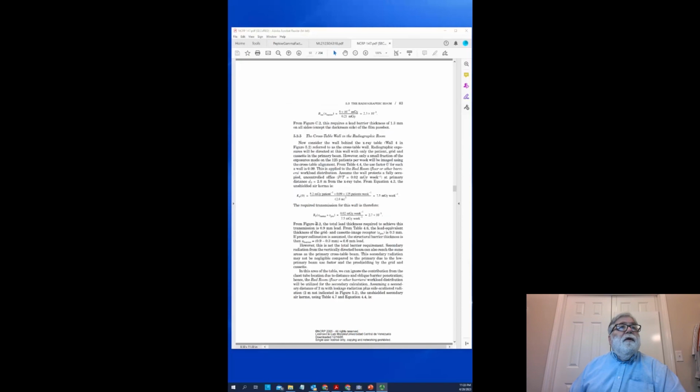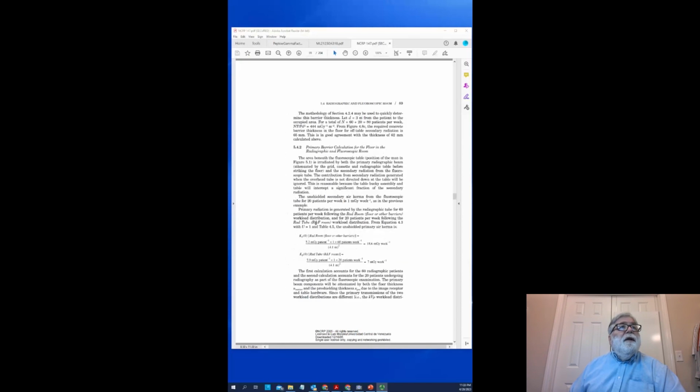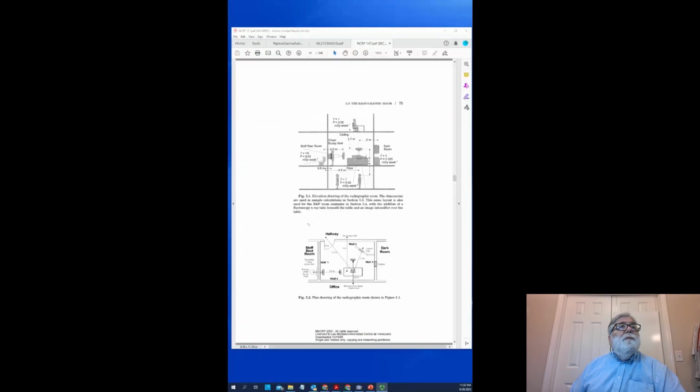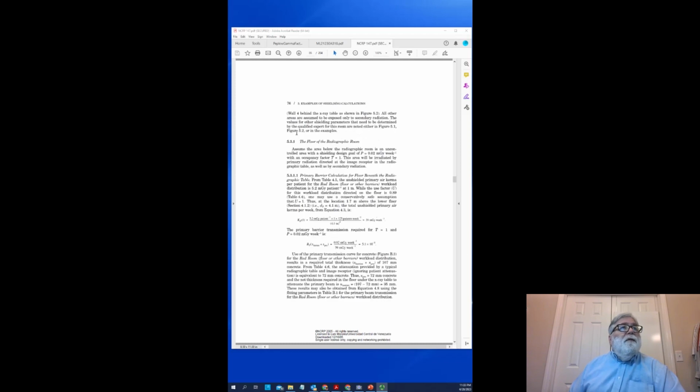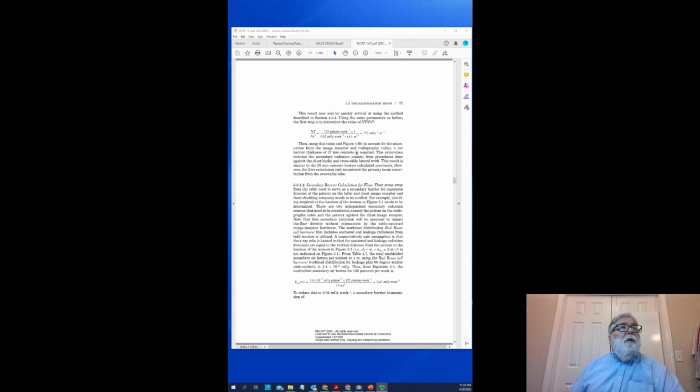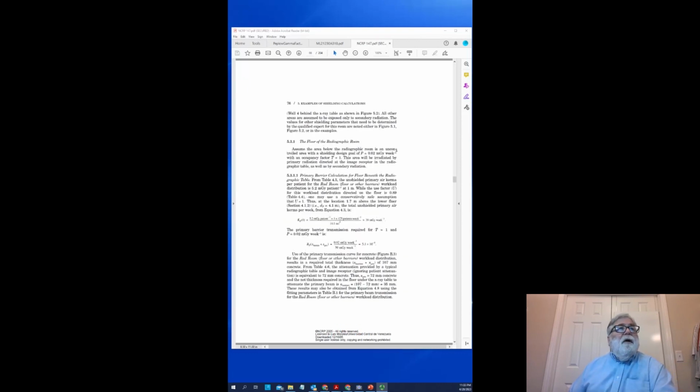You can see there are adjacent rooms, rooms below, rooms above. All this is worked out for the radiographic floor. They've got the ceiling and all the walls, and those are all available to you should you need help.